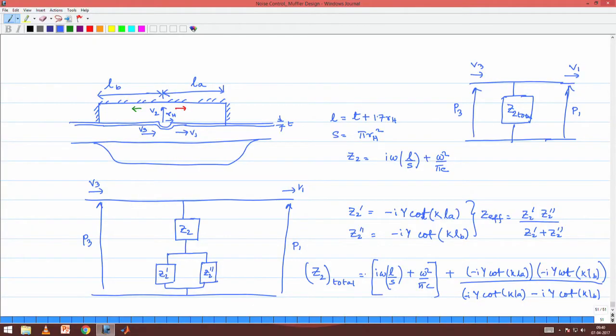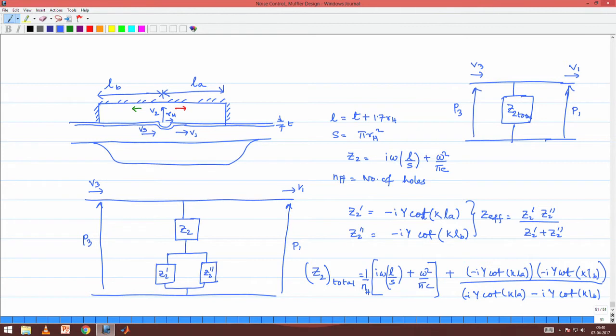At the same station, instead of having one hole, if I have multiple holes, what will happen? I will create more parallel paths, right. So, what will happen is that basically this term is going to get divided by the number of holes. NH will be equal to the number of holes.